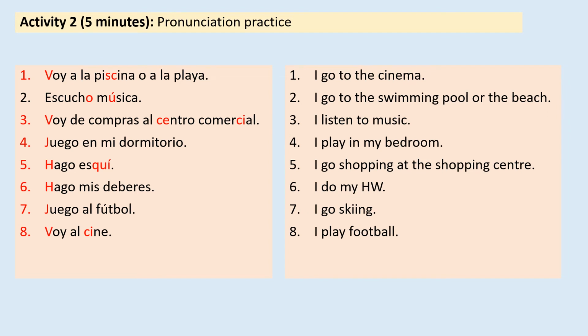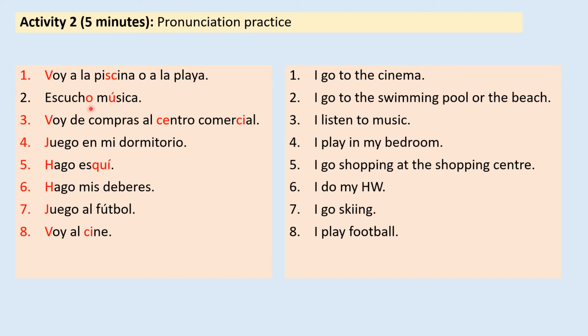And let's remind ourselves how to pronounce these words. So you'll notice in red I've highlighted the foreign sounds. Repeat after me, please. Voy a la piscina o a la playa. So remember, your V always sounds like a B, and here the SC, it needs to sound like a TH, a th sound, piscina, medium.